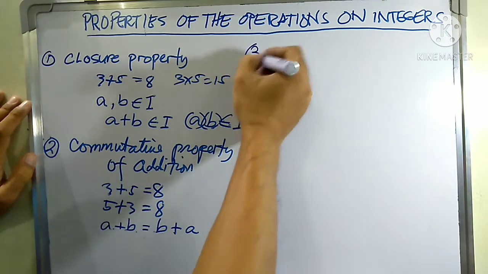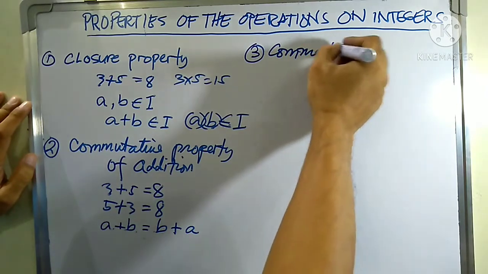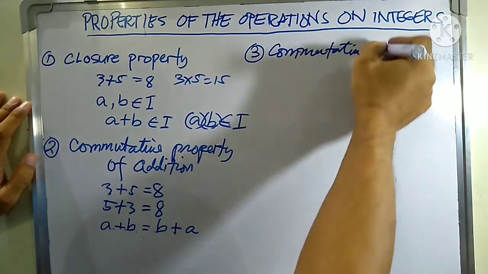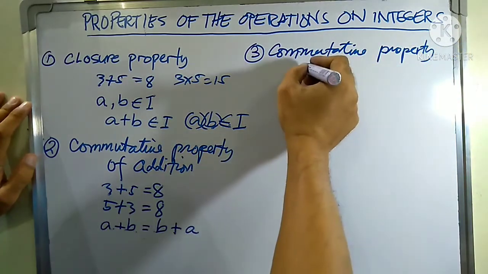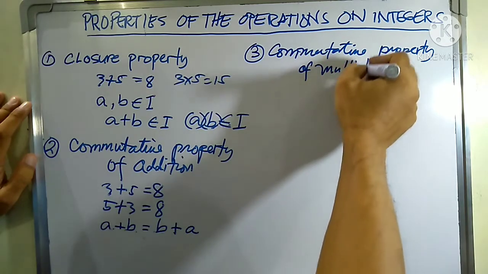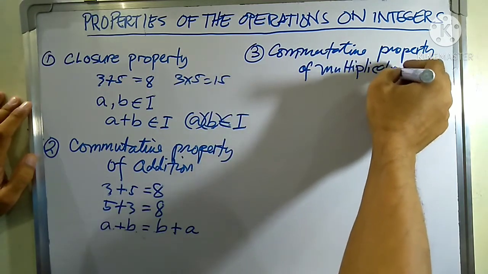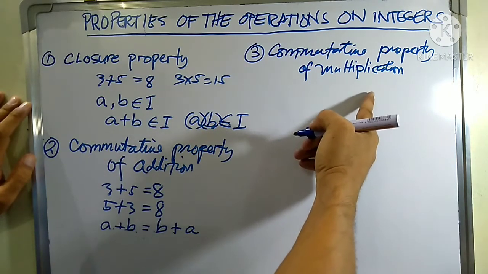The third one is commutative property of multiplication.